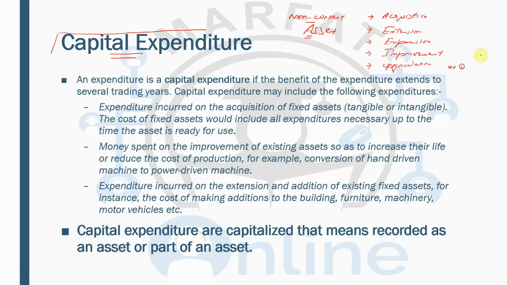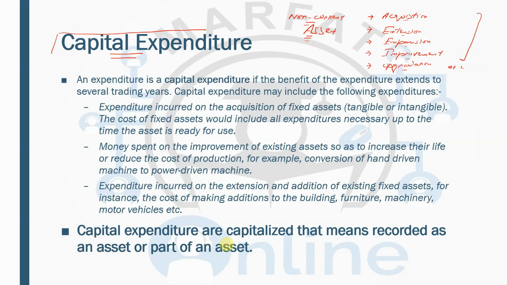All these expenditures are known as capital expenditure. So if there is any expenditure on a non-current asset related to acquisition, extension, expansion, enhancements, improvements, or upgradations, that is going to be recorded as a capital expenditure.